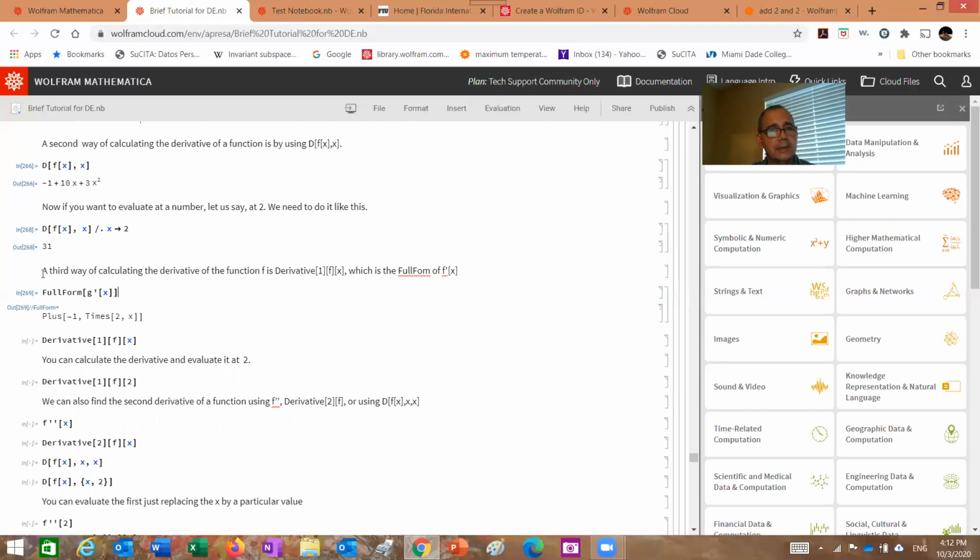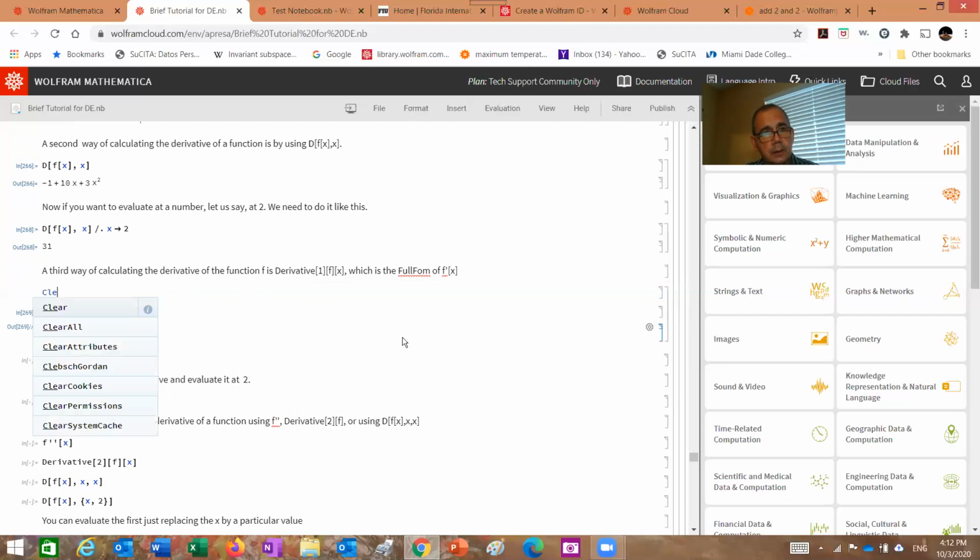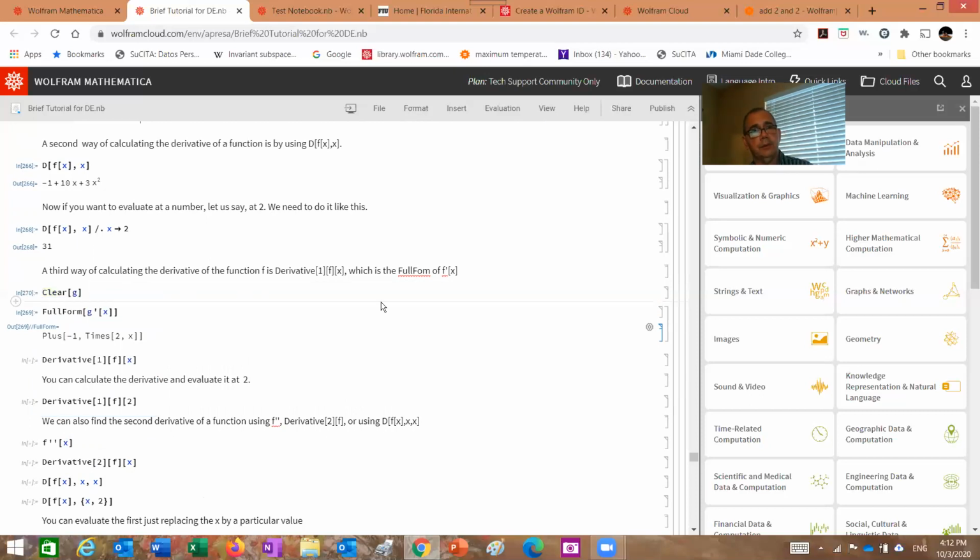Well, the problem is that I have used the g before. Let me clear the g. So you press shift enter, and then FullForm.